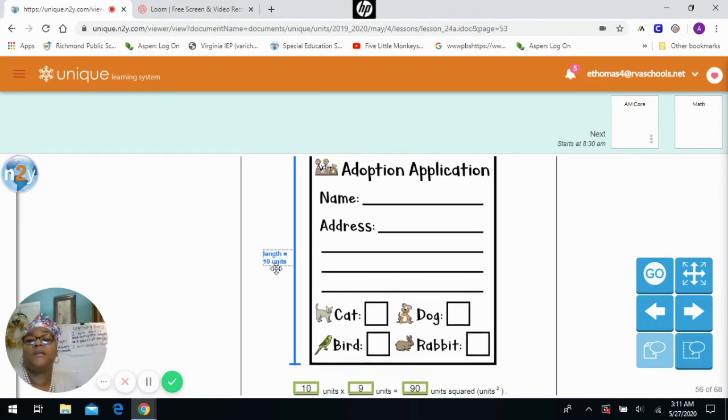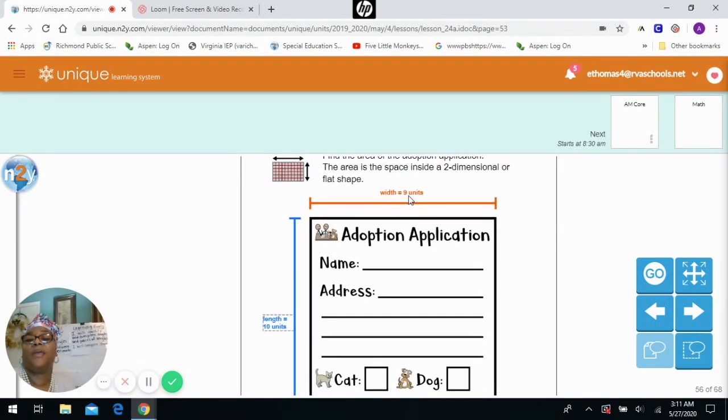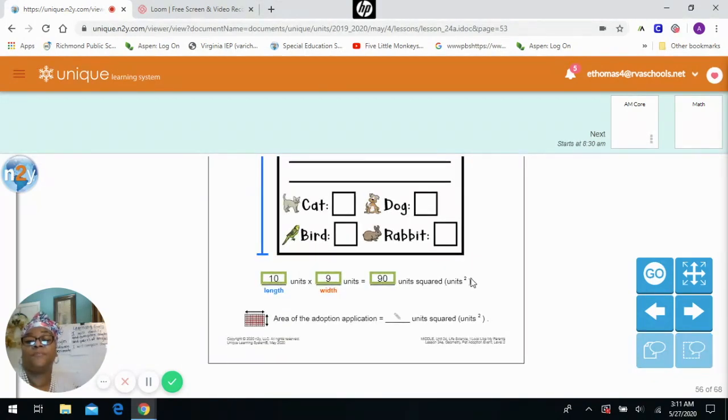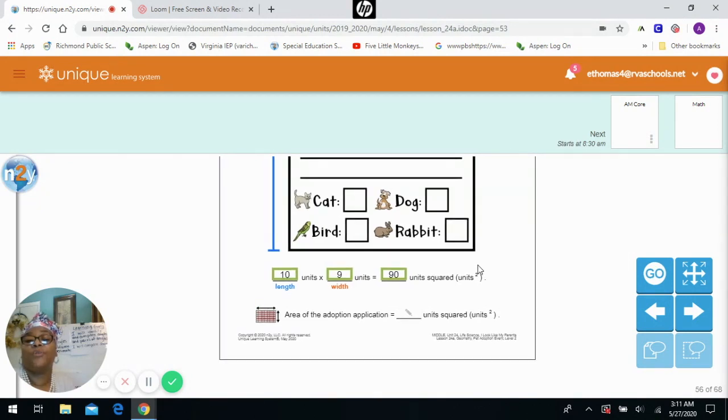So 10 times 10 is 100, and 9 times 9 is 81. So it would be 90 units, what? Squared. Because that's what we did here.